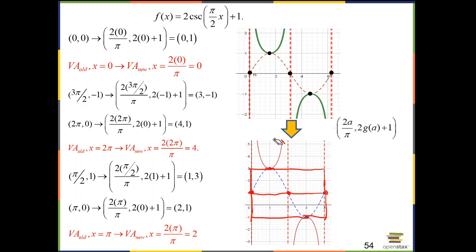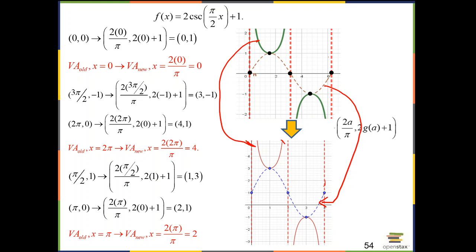Okay? So this is really easy to do by hand, but you have to do a bunch of them, right, to understand the structure. So this graph, this dotted graph, under this transformation turned into this blue graph. So then that green one automatically transforms into that red one.